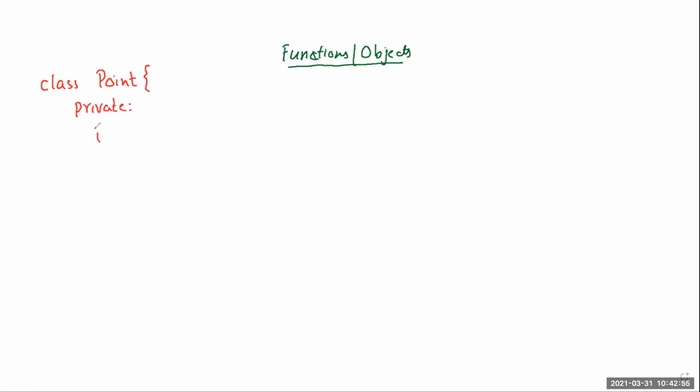So we go back to our old point class, and you can assume that you have the constructor, print, everything here. I'm not rewriting it because that will consume time. Assume that everything we always do is present here. Now I'll come back to this class later. First, let me come to the main.